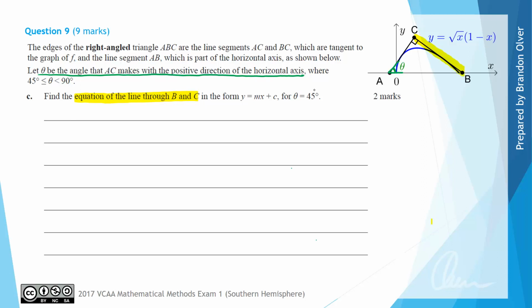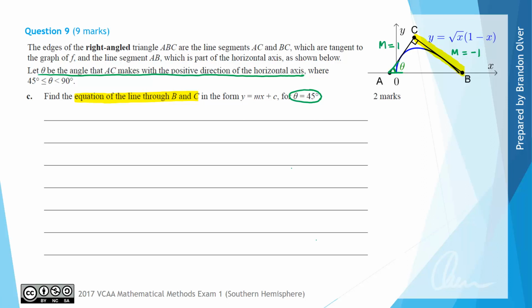So we know that if theta is 45 degrees, then the gradient of the line segment here must equal 1, and that the gradient of this line segment must equal -1, as we know that this is a perpendicular line between AC and CB, so their gradients multiply to be -1.